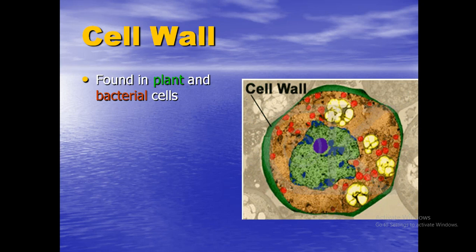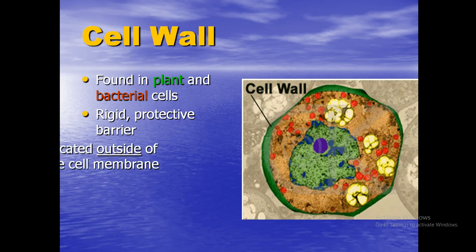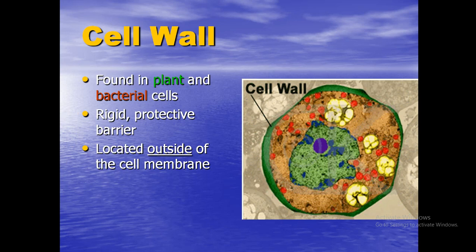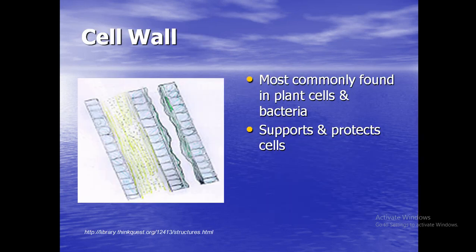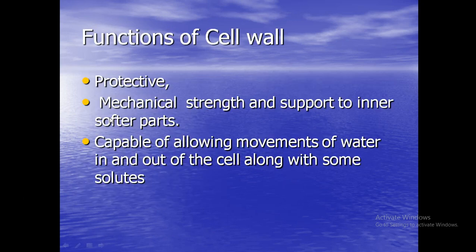So this cell wall is found in plant and bacterial cells, and it's a rigid and protective barrier. It protects the cell, and that lies just outside the plasma membrane or cell membrane. Cell wall, most commonly found. So this is how there's a formation of a cell wall you can see.